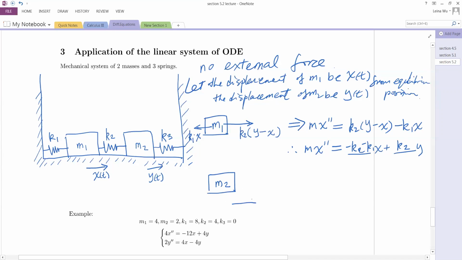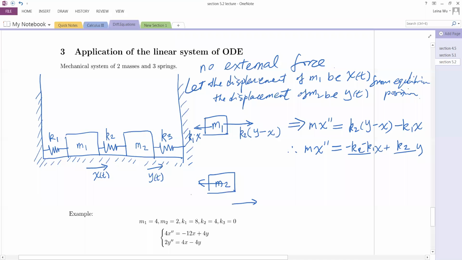Mass M2 is also moving towards the right, so again it's under two forces. The first force will be from this spring. Because M2 has moved to the right, the third spring will be compressed. You guys see that?